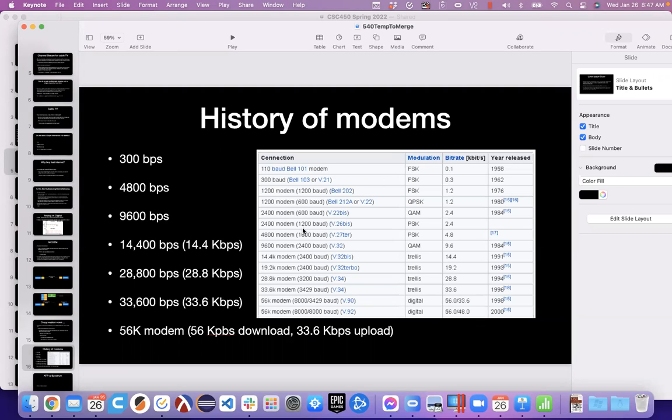I recall using a 24 modem. I don't know which baud it was, but whatever. And notice here, the type of modulation it would use was different. That was like the technology changing as time went on, but you were still solving the same problem.